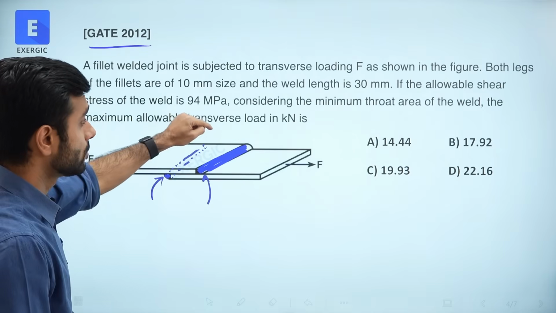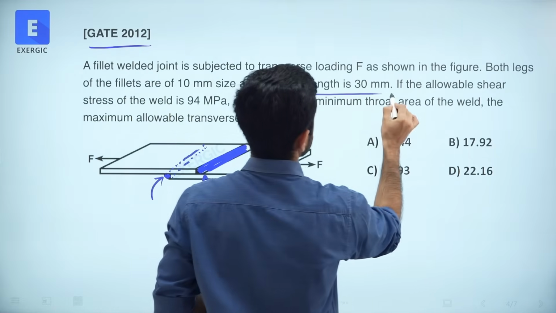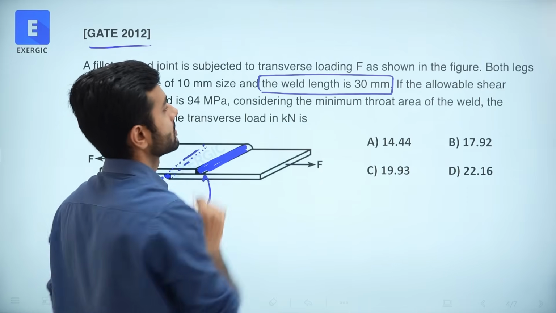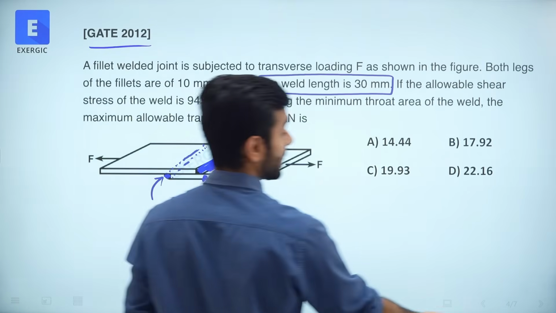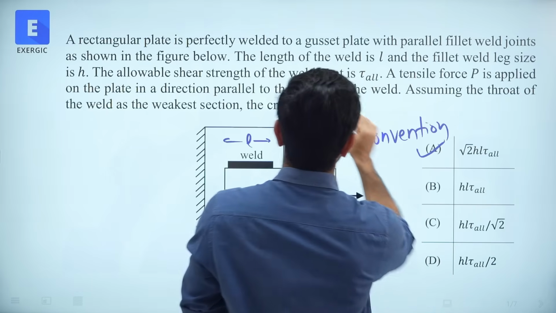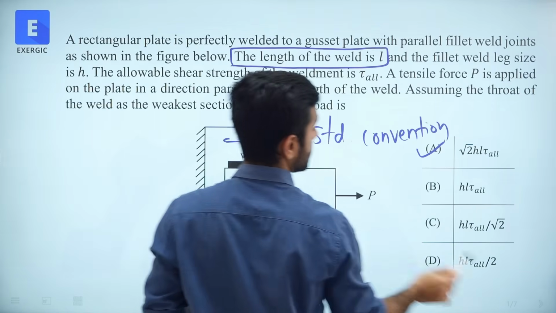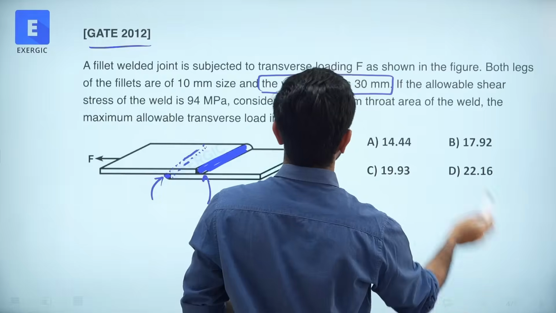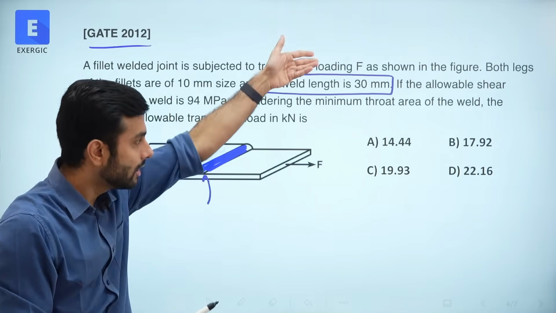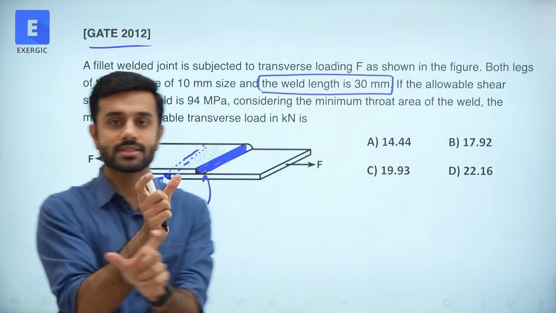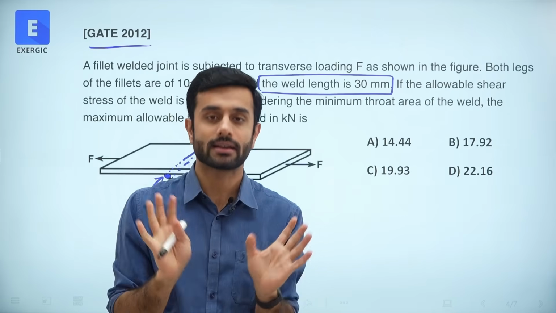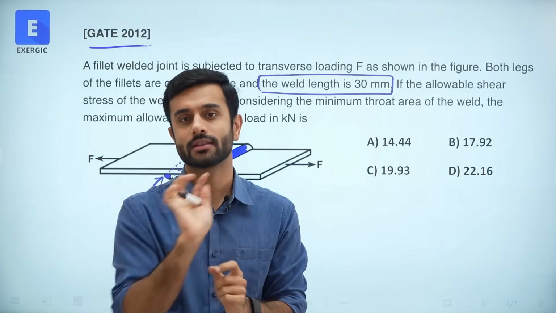And here also it clearly says the weld length is 30 mm. If you compare it with the current question, it is saying the length of the weld is L, and this is saying the weld length is L or 30 mm. So language is almost the same, I will say exactly the same, just the matter of one word here and there.